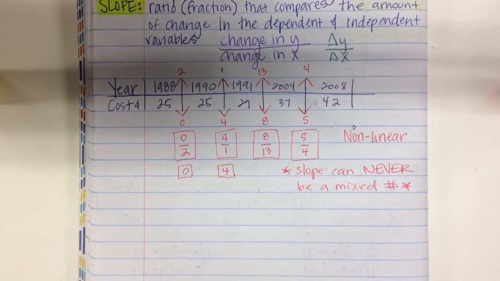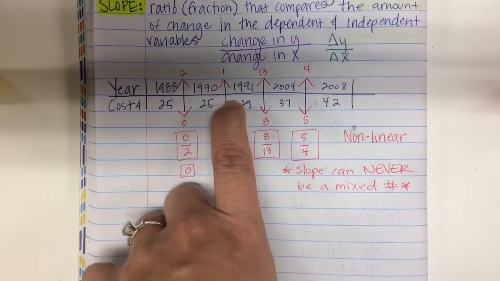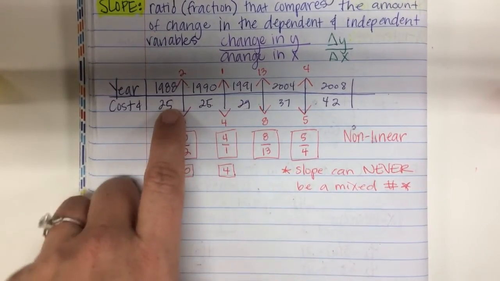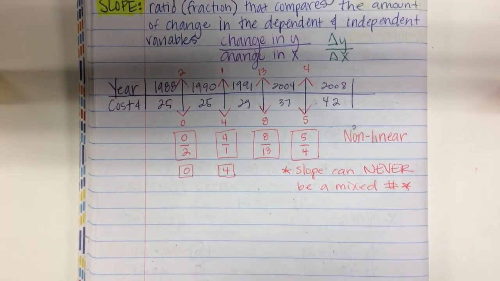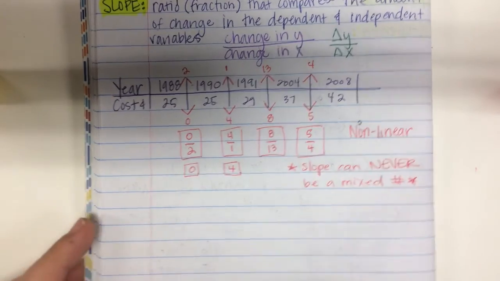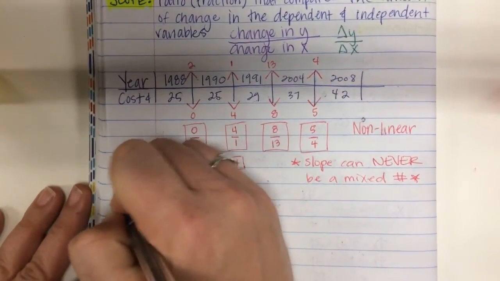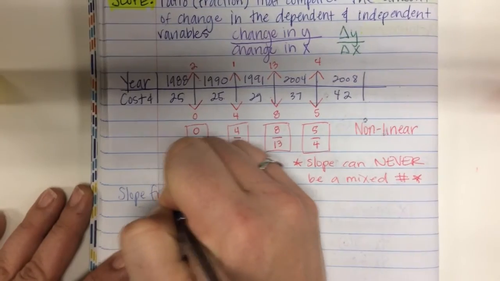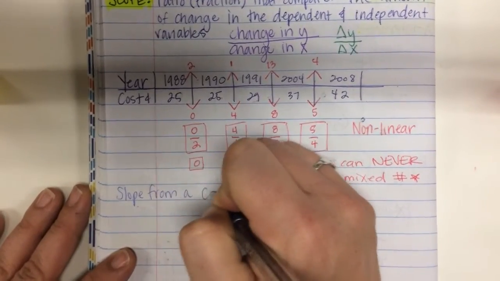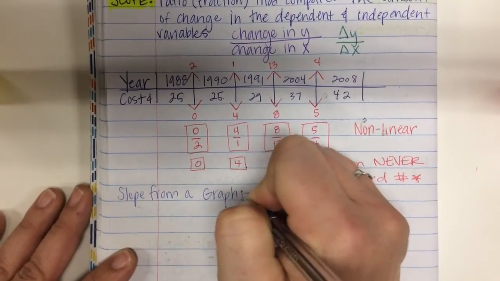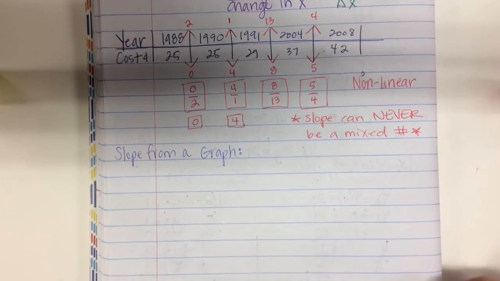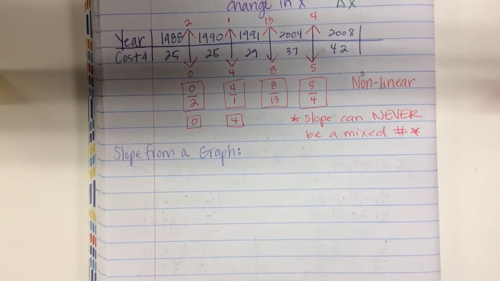You also need to know that slope is sometimes easier than subtracting change in y over change in x. Sometimes slope is from a graph. Again, slope from a graph is a fraction.